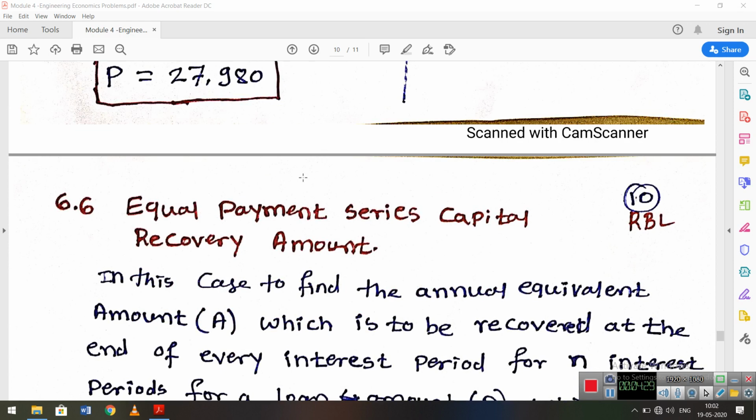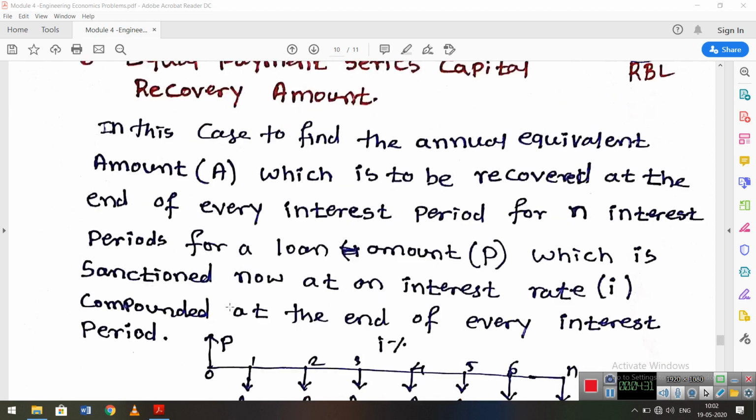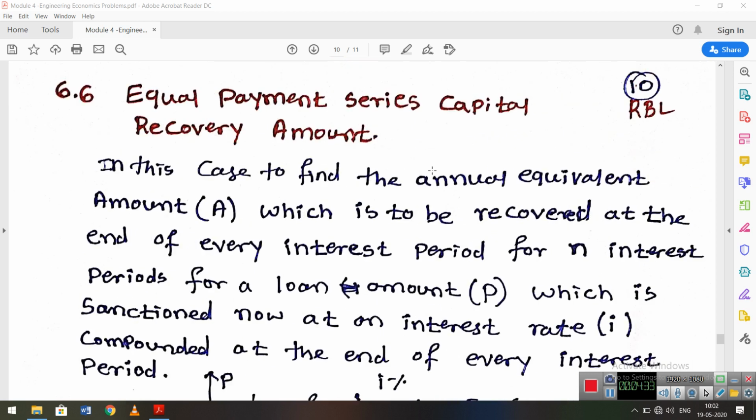It is the same thing, completely loan related. In this case, to find the annual equivalent amount, the A value, they are asking how much I have to pay. If I take a loan of 20 lakh today, how much do I have to pay to the bank? Say I got a loan of 40 lakh for 20 years: how much do I have to pay at the end of every year?